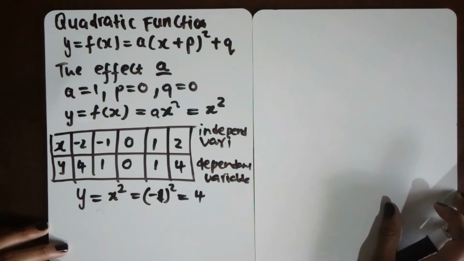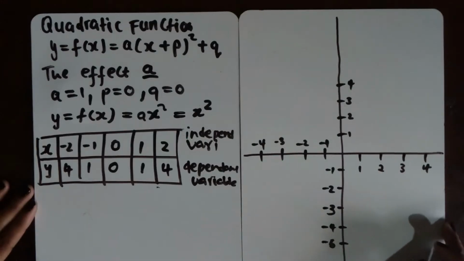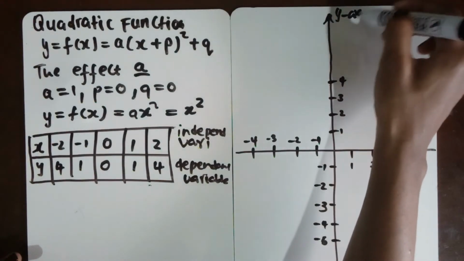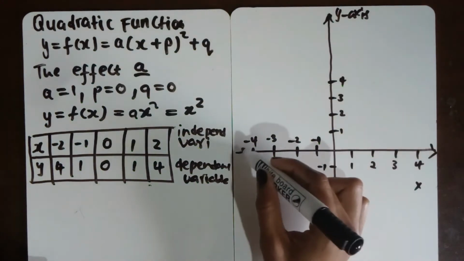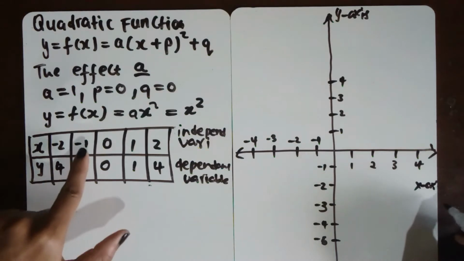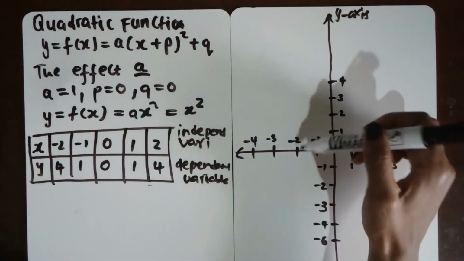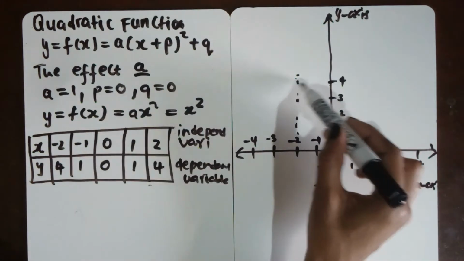So let us try to do that quickly. I've just quickly drawn our Cartesian scale where you have your y-axis and on this side you have your x-axis, right? And we're going to try to plot this graph. So we have our coordinates. When x is -2, y is 4.